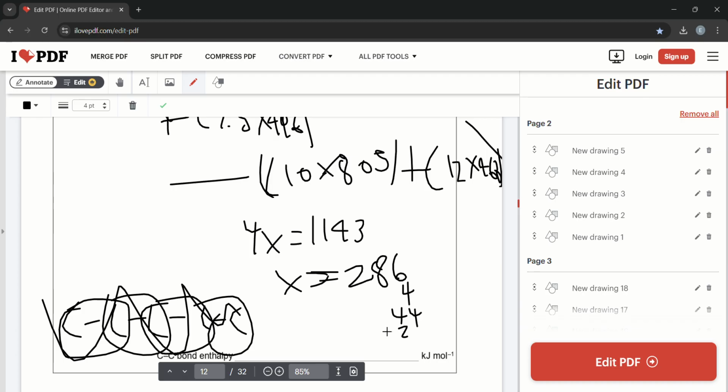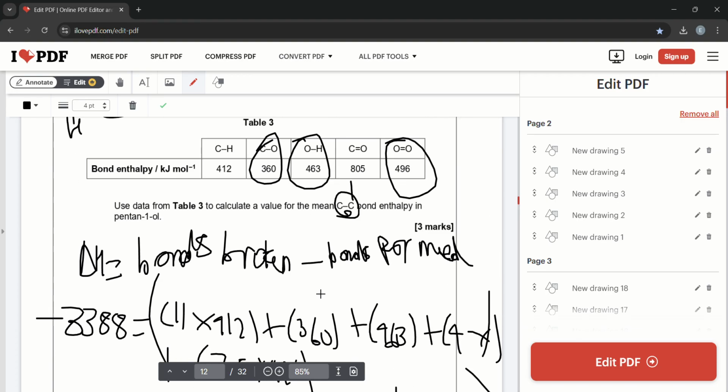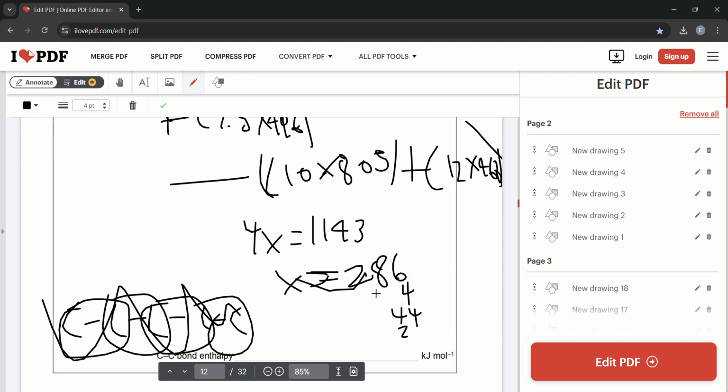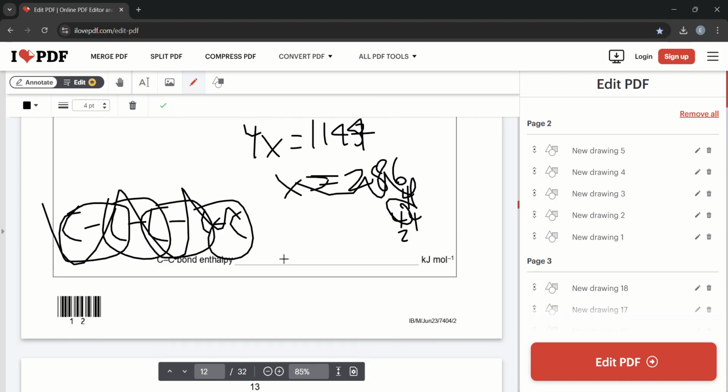Yeah, that counts, 1143. Divided by 4, you get x is 286, positive, kilojoules per mole to the power of minus 1.